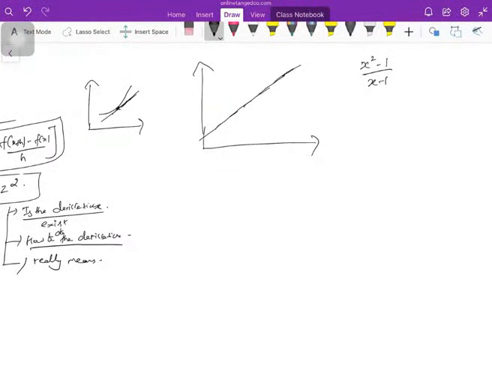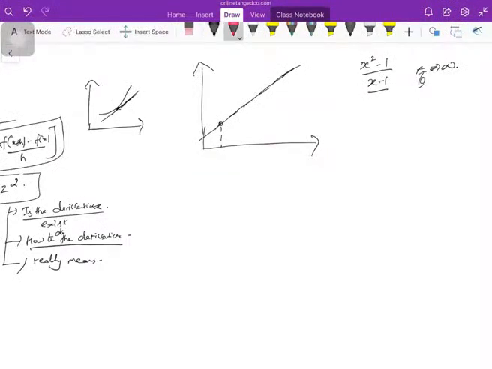At x = 1 you see there is a singularity, a hole in the function. At x = 1 the denominator goes to 0, the function goes to infinity, so the derivative does not exist.